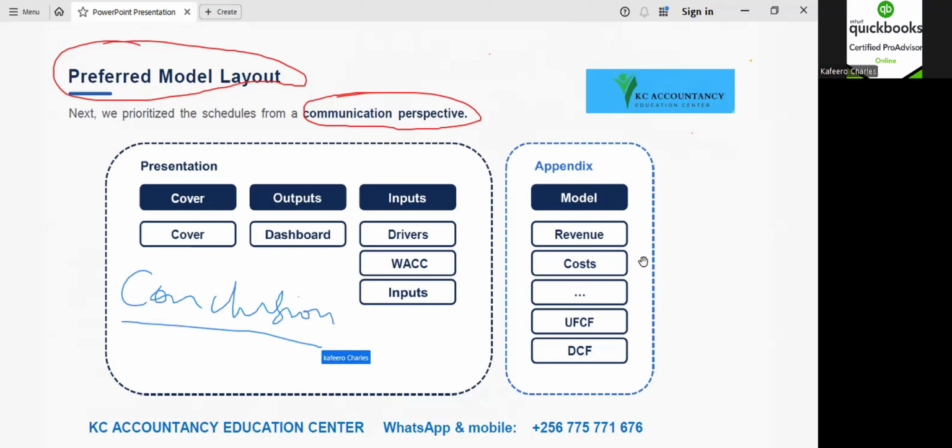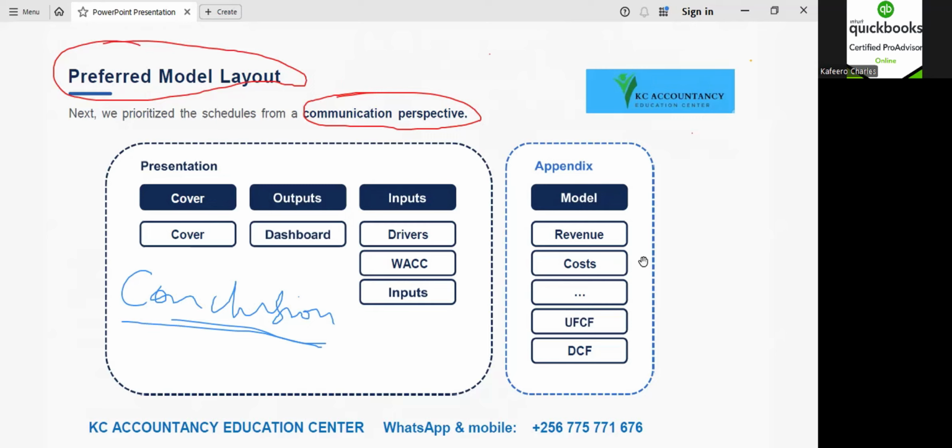So let's not wait until the end of the presentation to bring the real conclusion of our financial model.